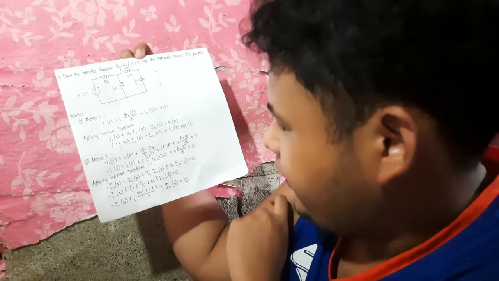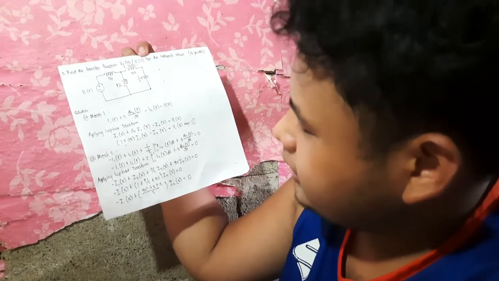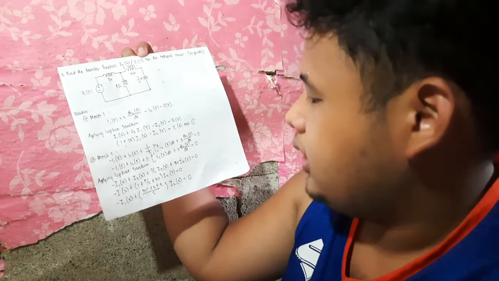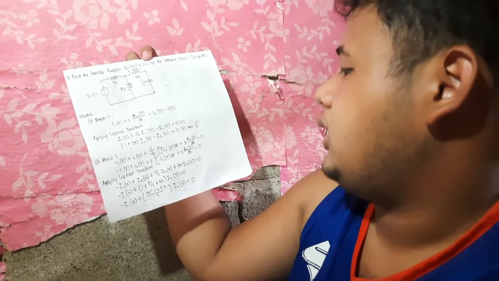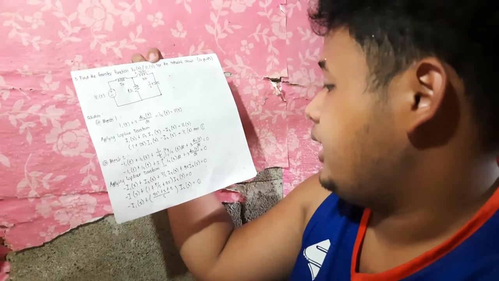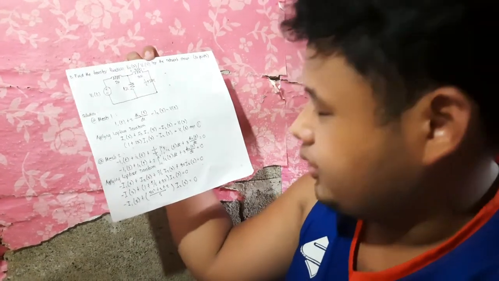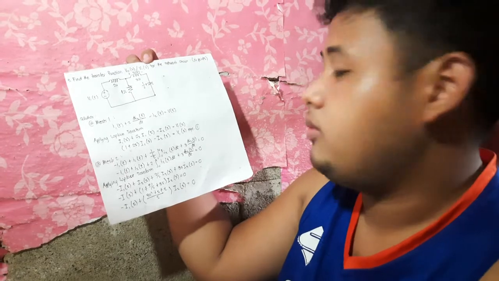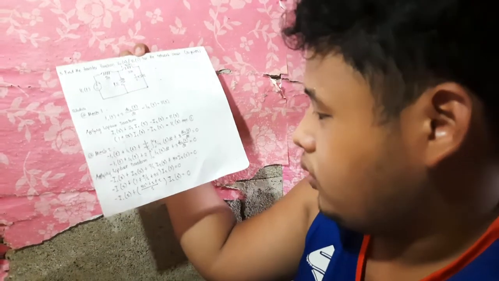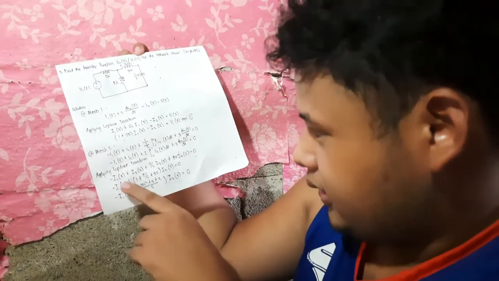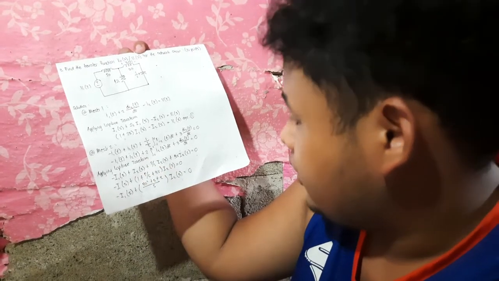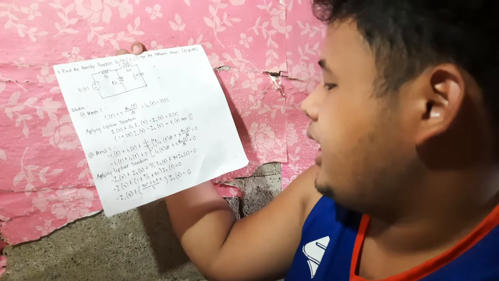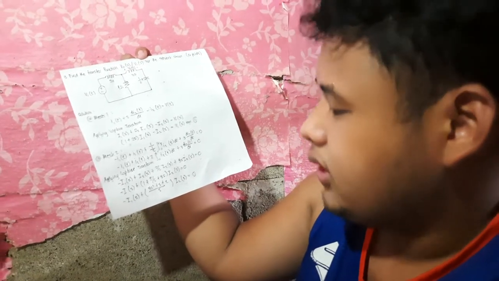So we simplify it: negative i_1(t) plus i_2(t) plus 2 integration of i_2(t) dt plus 3 di_2(t)/dt is equal to 0. By applying the Laplace transform in this mesh 2, negative I_1(s) plus I_2(s) plus 2 over s I_2(s) plus 3s I_2(s) is equal to 0.